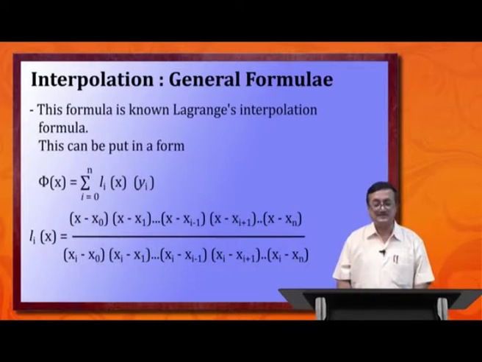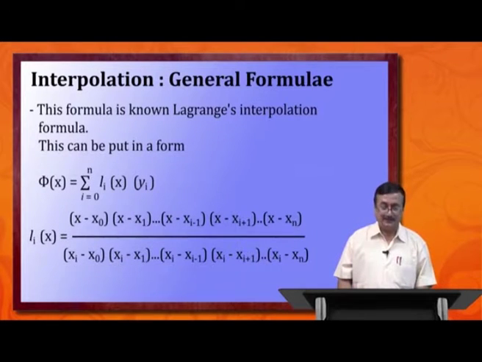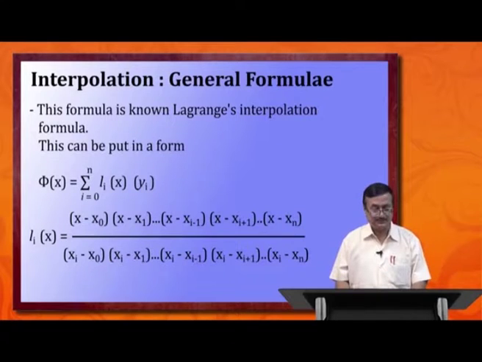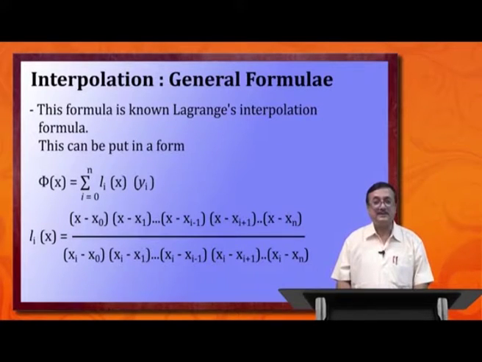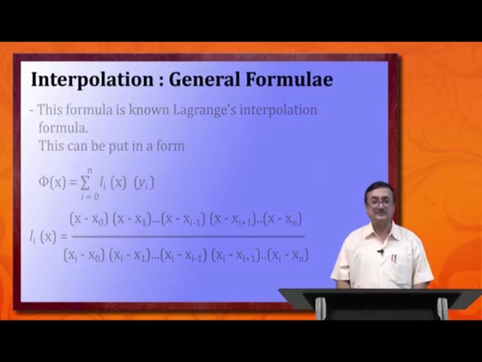This is known as Lagrange's interpolating polynomial, and this can be put in the simple form phi(x) equal to summation i equal to 0 to n Li(x) into yi, where Li(x) is given by this expression. This is a very important expression.